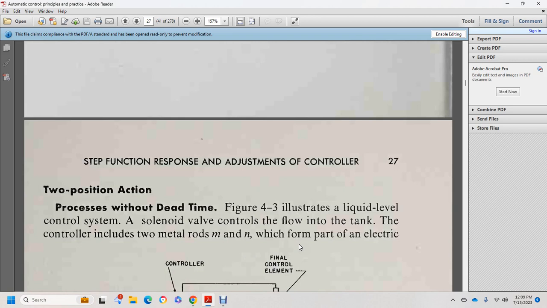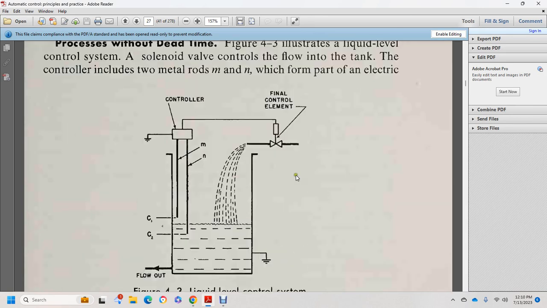Two position action, process without dead time, is illustrated with a liquid level control system, with solenoid valve control of the flow into the tank. Controls include two metal rods, M and N, which form part of the electric circuit. So here we have a controller going grounded into change 1, change 2, back to the controller, one above the flow level, one below.